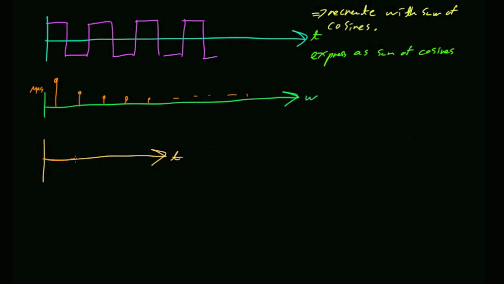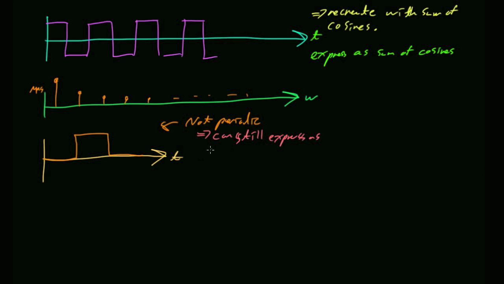Is it periodic? You can still express it as a sum of cosines. I promise you, you can make this by adding together regular old Mickey Mouse sine waves, cosines.